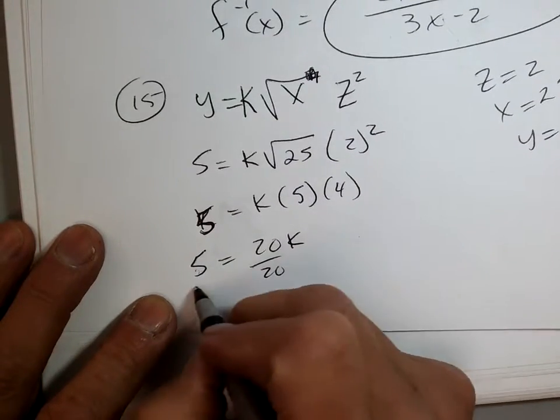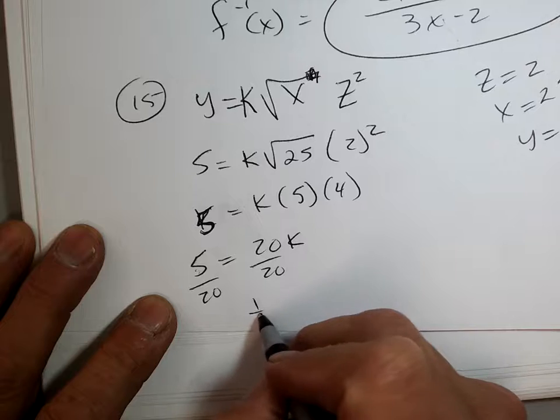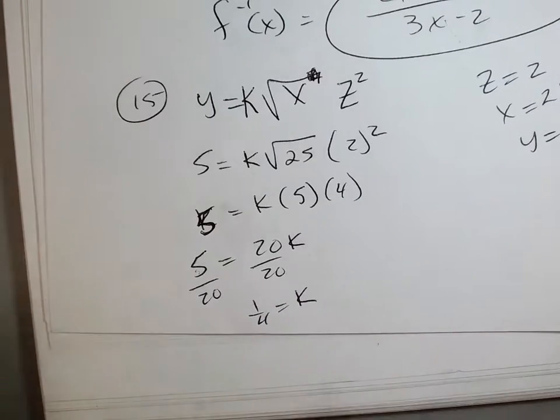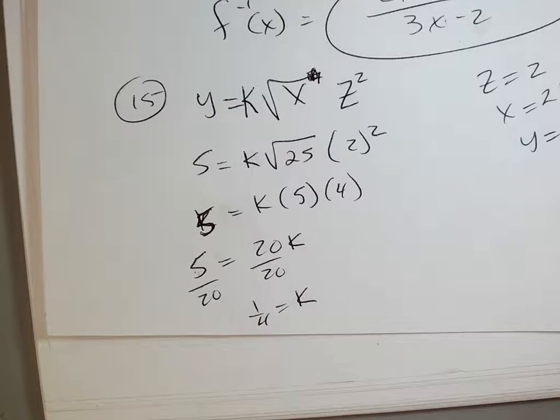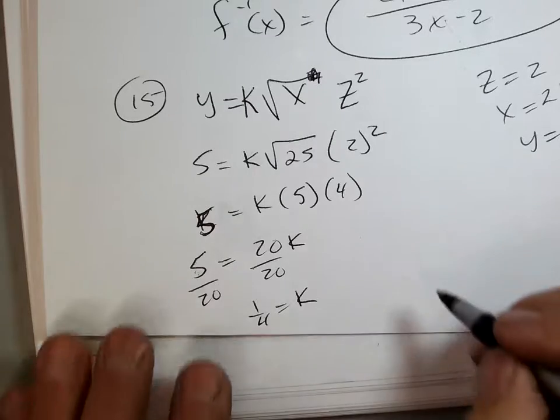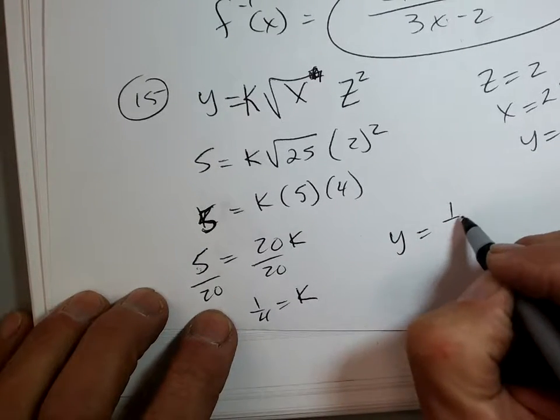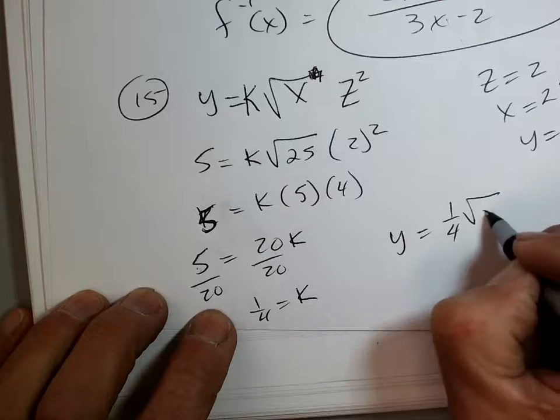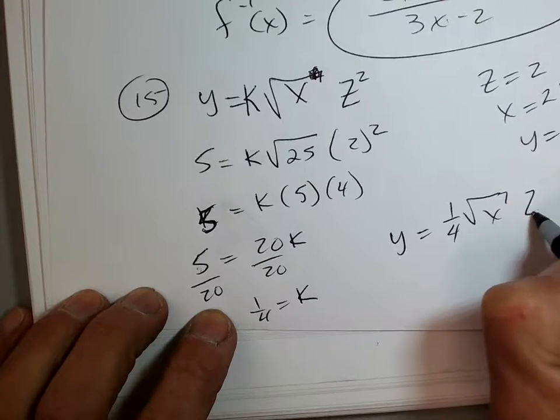Divide by 20 and I get 1/4 for the value of k. So my equation is y equals 1/4 square root of x times z squared.